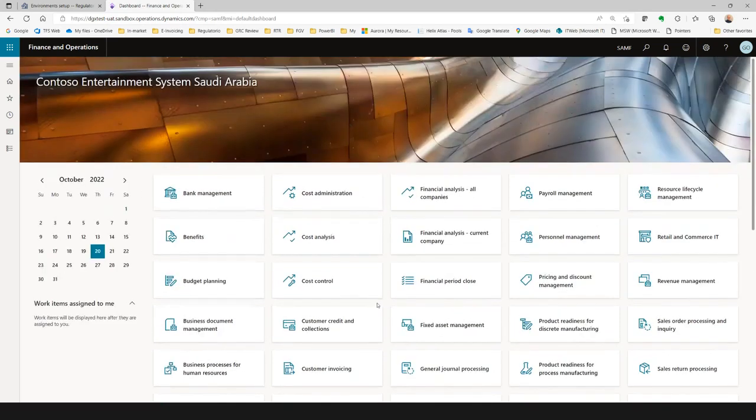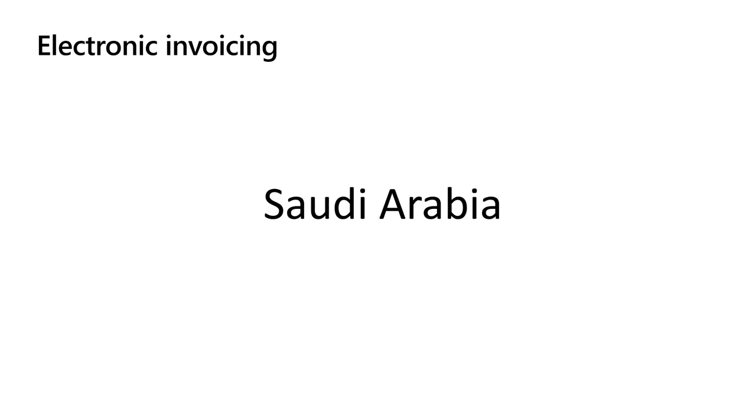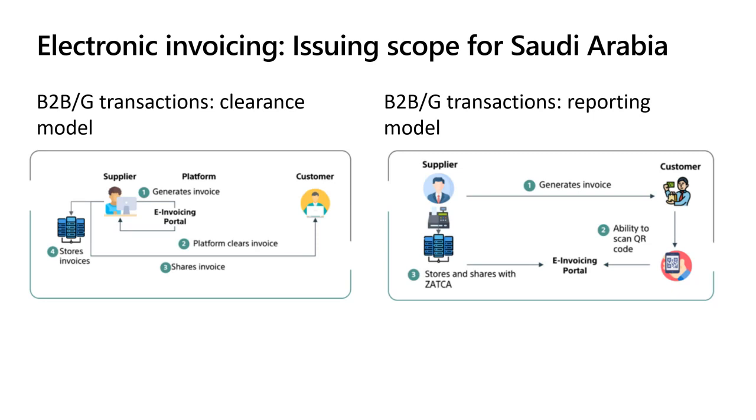Okay. So moving back to my presentation. Now, let's start diving in a little bit more detail into electronic invoicing for Saudi Arabia. What is the scope for Saudi Arabia?